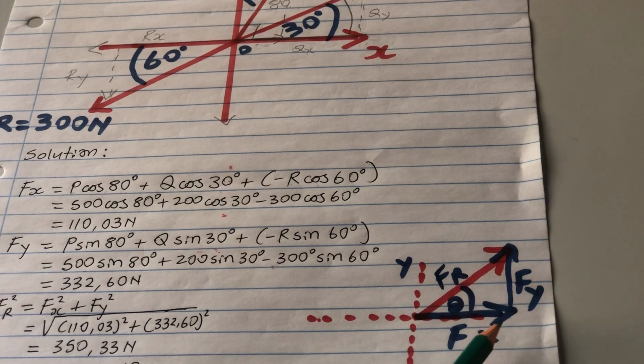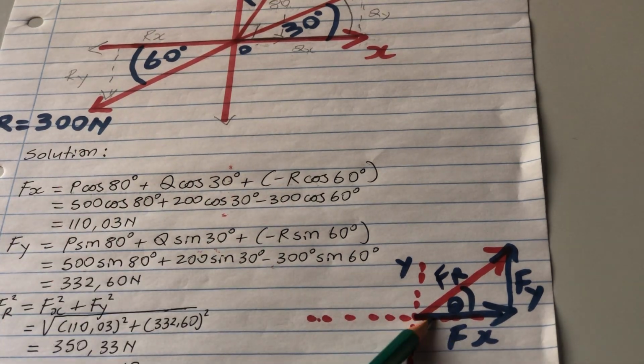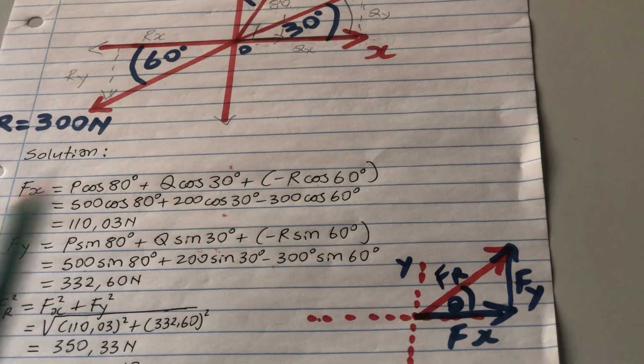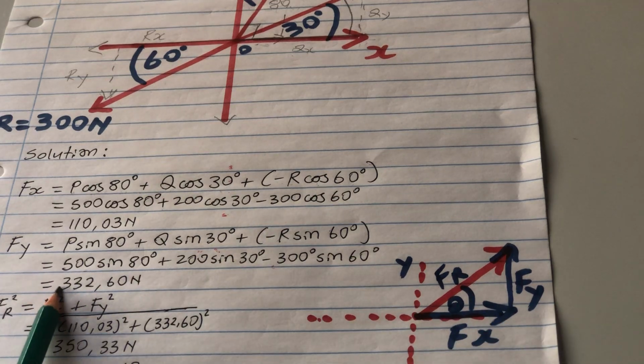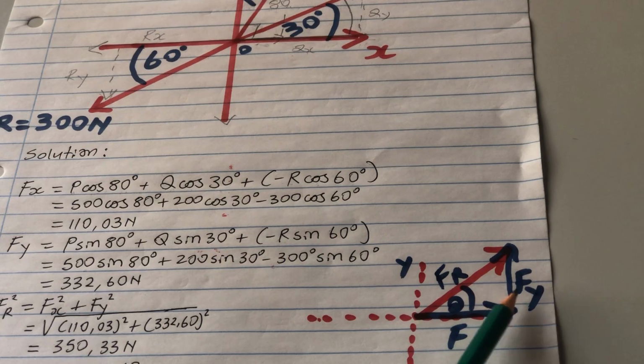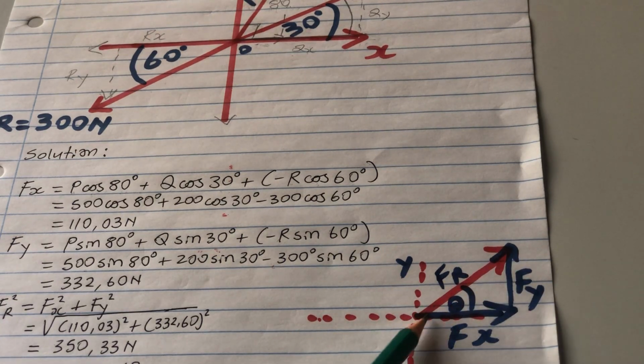Using the head to tail method, I put the y, which is positive, pointing to the positive y direction. The resultant that I'm looking for is this one, FR.